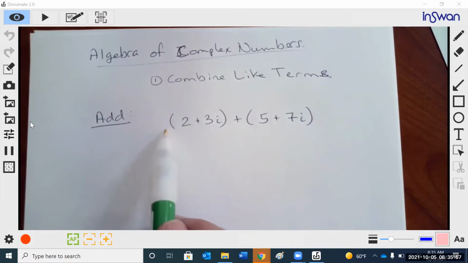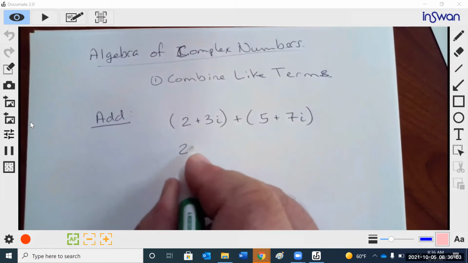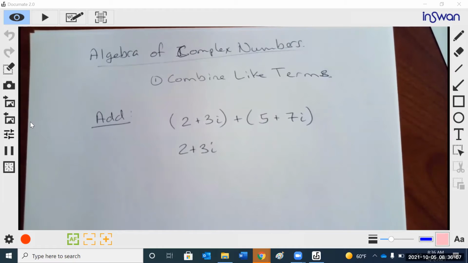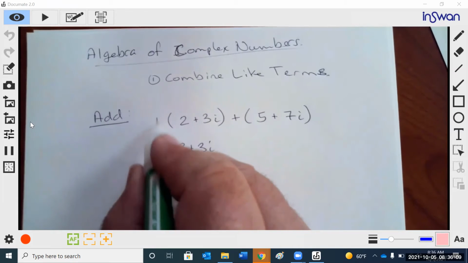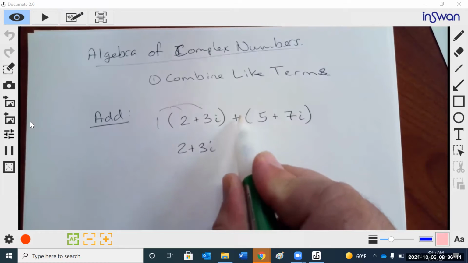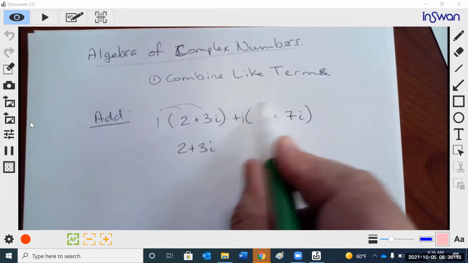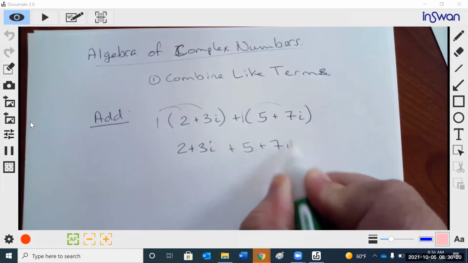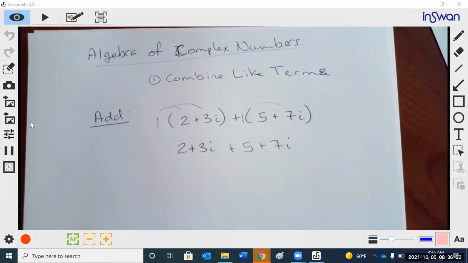Are there any coefficients in front of the parentheses? There's nothing in front of there. So I could just drop the first parenthesis. There's a 1, so I'll multiply everything by 1. Same with the other. There's a positive 1. So it becomes a positive 5 plus 7i. So we got rid of the parentheses.